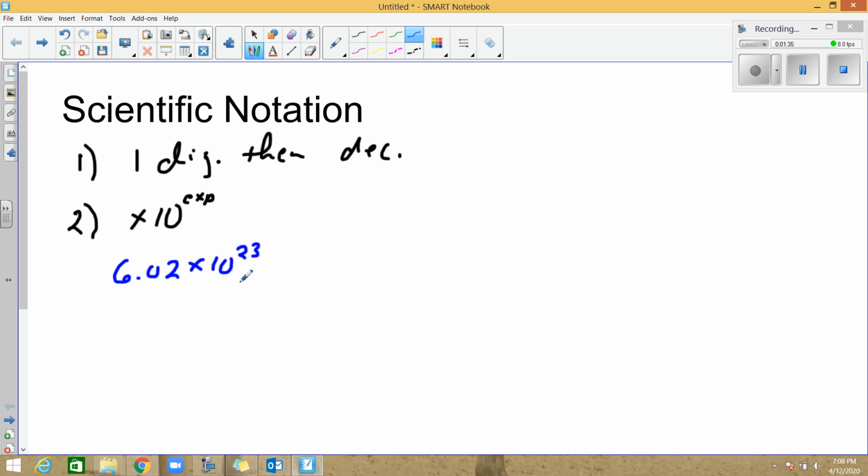So when your teachers used to tell you, all you have to do is, it's a positive 23, so it goes to the right 23 spaces, that's true, because if you take 10 times 10 times 10, 23 tens all times each other, it's going to make that number get bigger. And the only way to do that with a decimal shift by times 10 is by going to the right. And that's for another lesson.